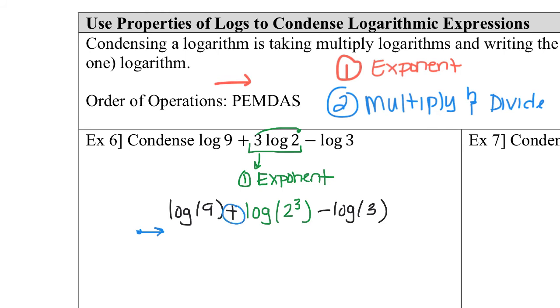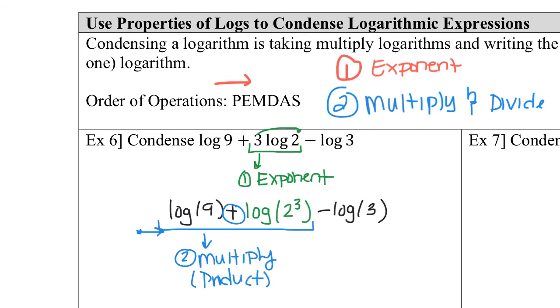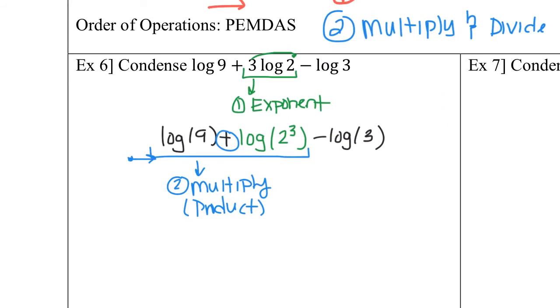Well, I first see a plus sign, so that means I'm going to have to use my multiply property here. That's the product property. So remember, the product property said if I was multiplying two things, I could add them up. So if I go backwards, if I'm adding two things, that means they will be multiplied inside my log.